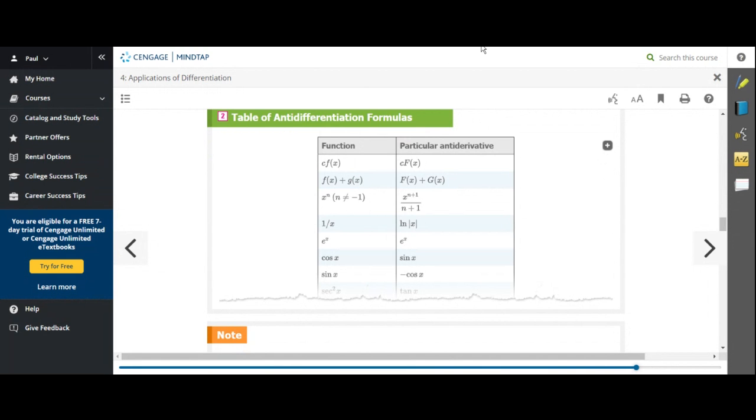So if there are no questions, let's go ahead and look at a few examples. Are there any questions at all? Okay, Joe's good. Okay, Nicholas is good. Very good.